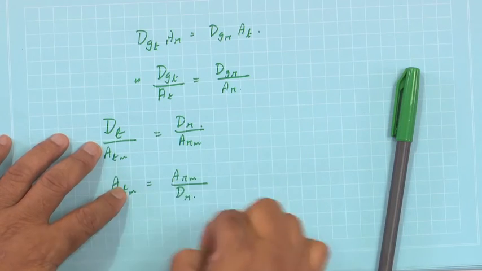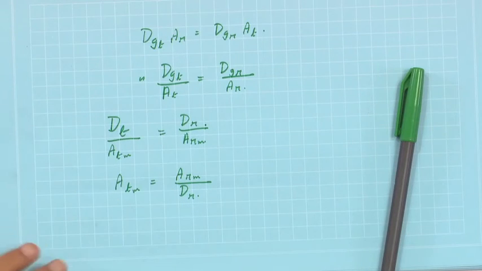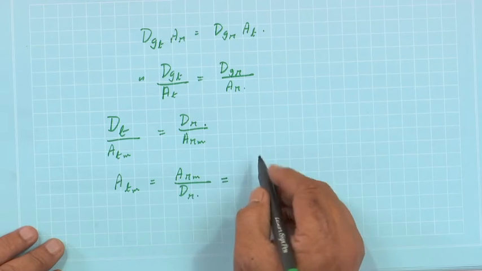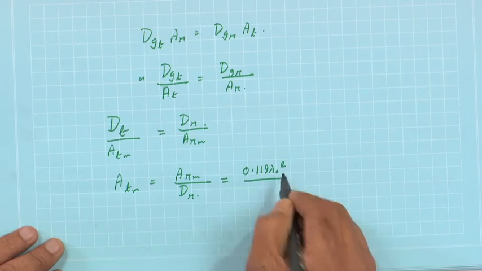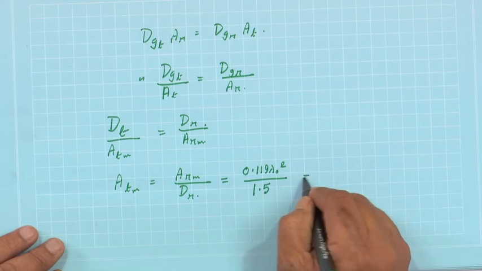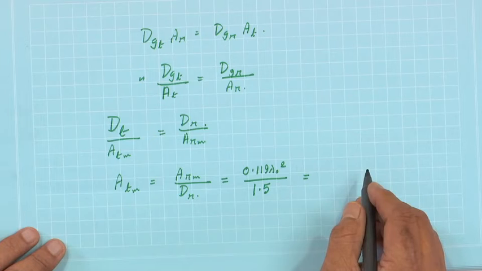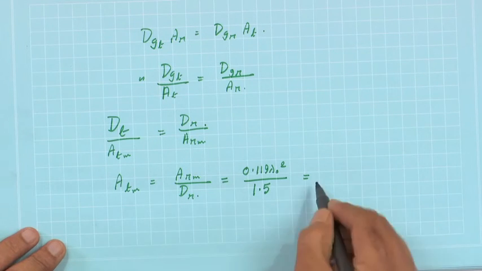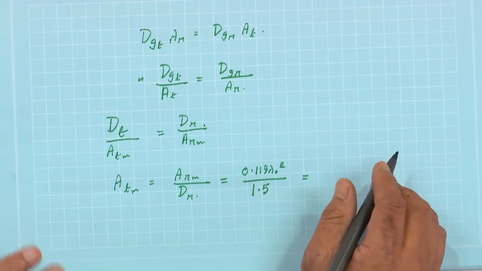Let me choose that any other antenna to be current element, because I know these two values for the current element. So, put it. So, what is the maximum effective area of the current element? It is 0.119 lambda naught square, and what is DR? That is 1.5. So, find out, this is nothing but, so this value is how much?